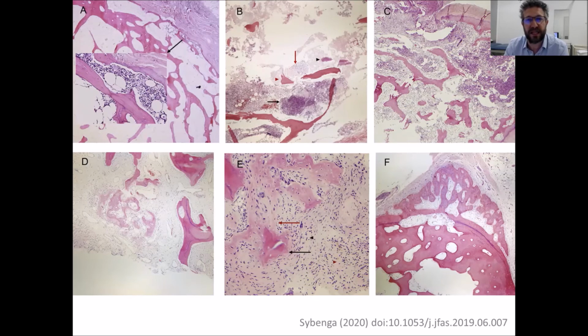C is starting to see a mix of both acute and chronic features with a sinus developing up at the top of the picture. And then through the bottom panels, increasing the chronic picture with lymphocyte predominance rather than neutrophils. And on the bottom F, this irregular periosteal reaction that would be much more typical of chronic osteomyelitis and is a feature that we would start to see on x-rays after about 2 weeks or so.